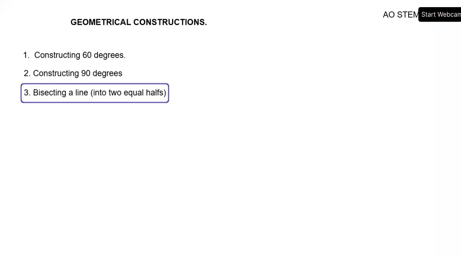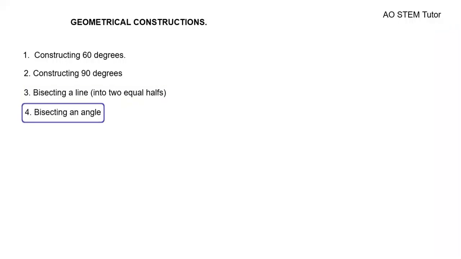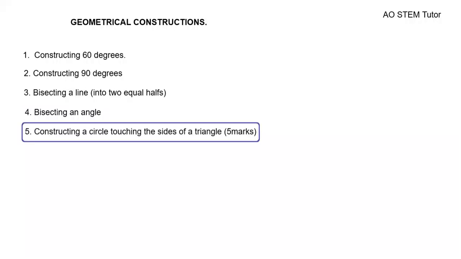Let's begin right away. Under this, we are going to learn how to construct angle 60 degrees, constructing angle 90 degrees, bisecting a line into two equal halves, bisecting an angle, constructing a circle touching the sides of a triangle, usually 5 marks.